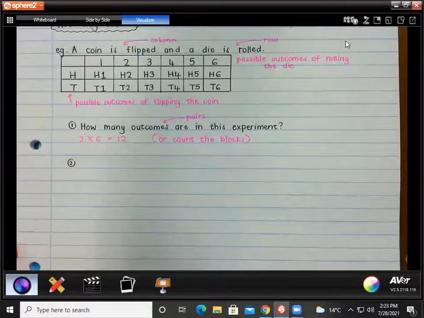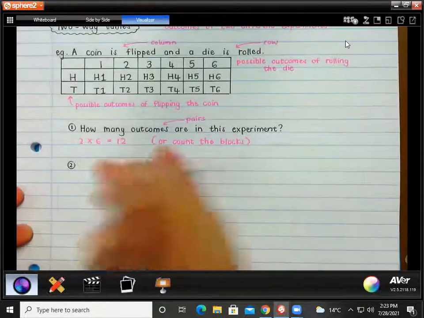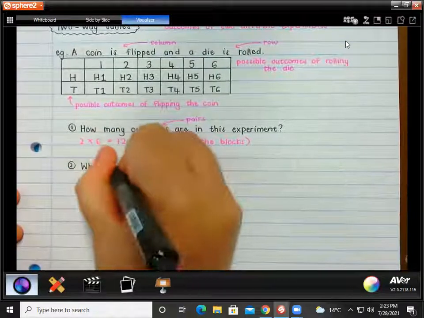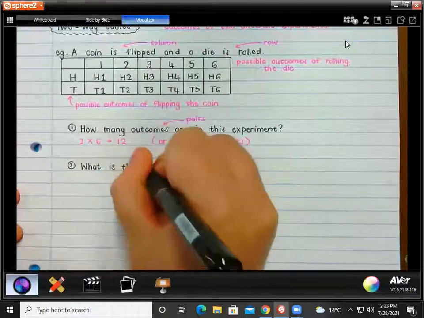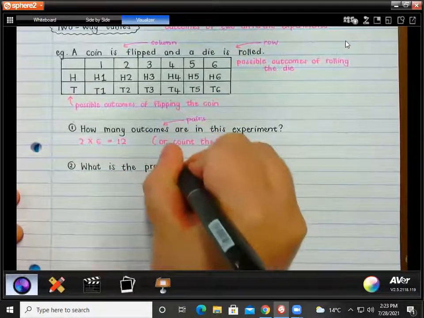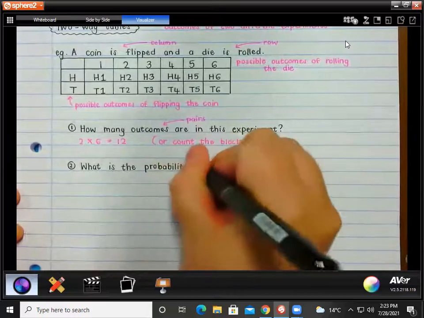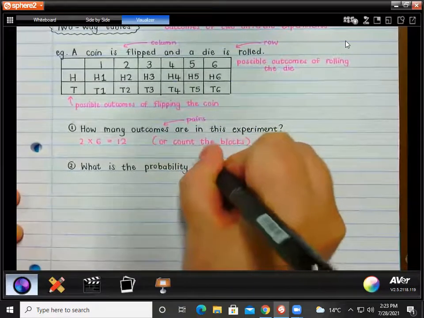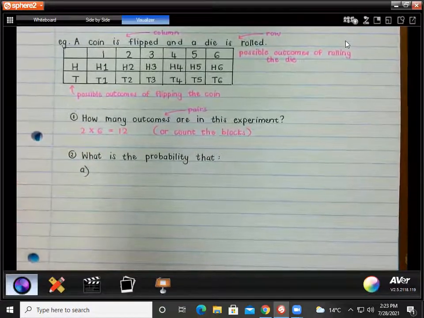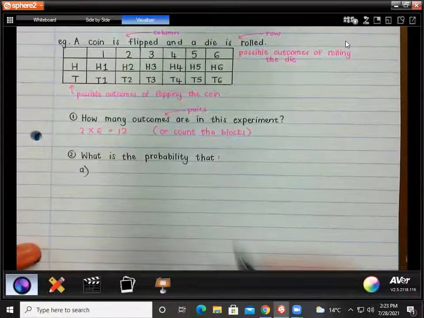Second question, now we're going to do a bunch of probability questions. So I'm going to say, what is the probability that, and then we'll do A, because all of the next questions are all probability questions.